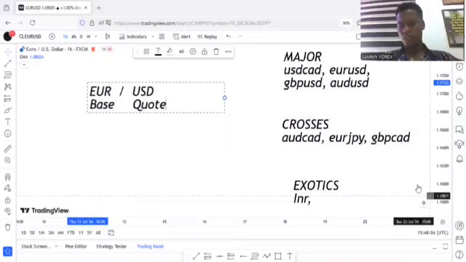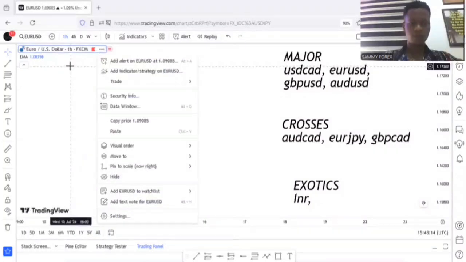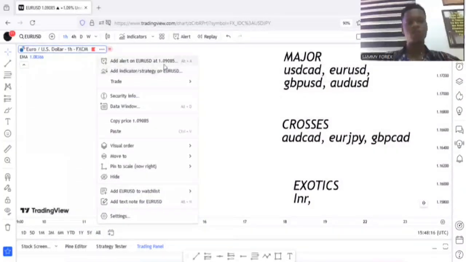Then we have Euro USD, which we currently have on this chart. Euro USD is at 1.09085, which is the current price.